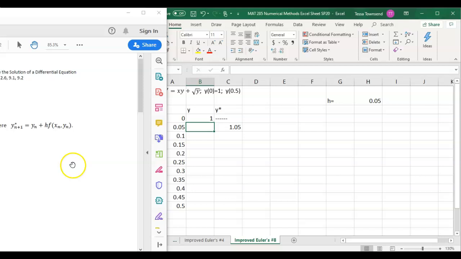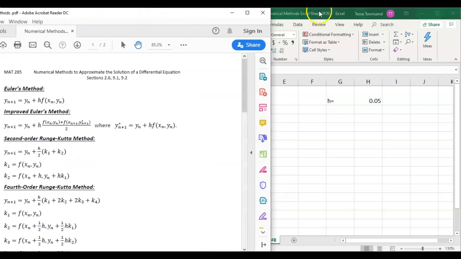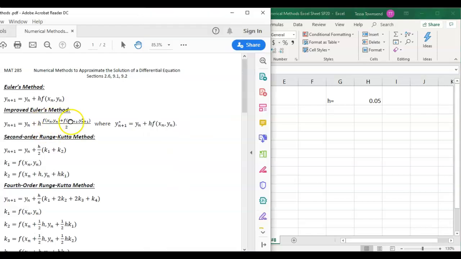Now let's work on that y column. So y sub n plus 1 is going to look like this. I'm going to rewrite this to write h over 2 times that.